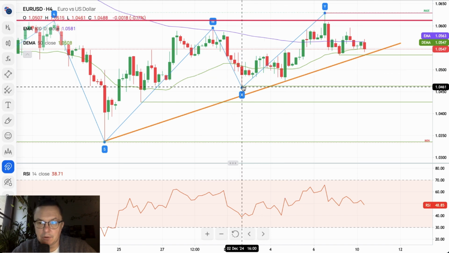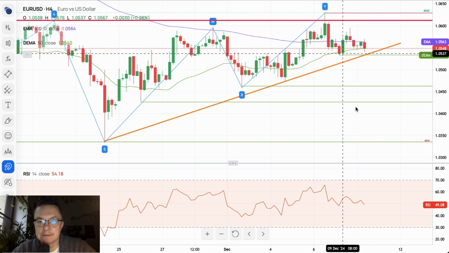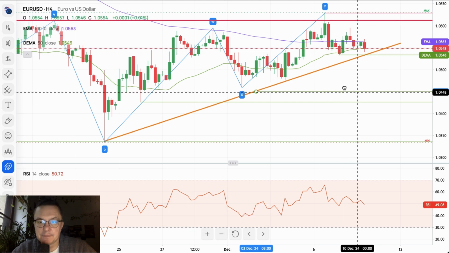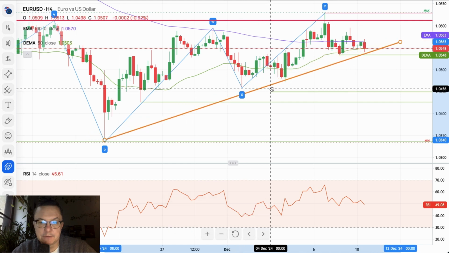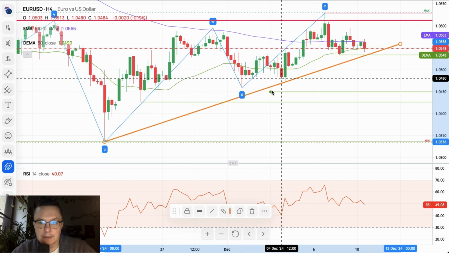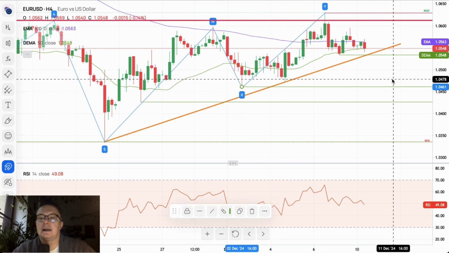1.0473 and 1.0461. Those are two levels that might get handy for all of the bears. They might be used as the target levels. There you go. I wanted to do this.